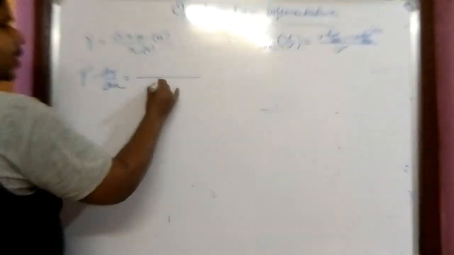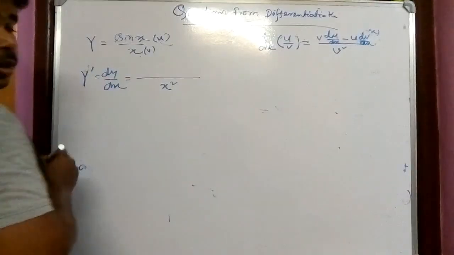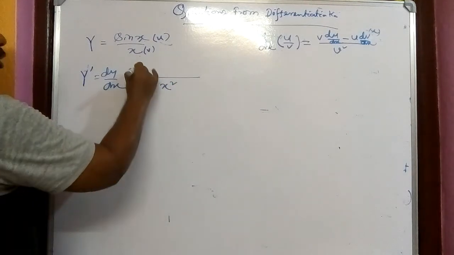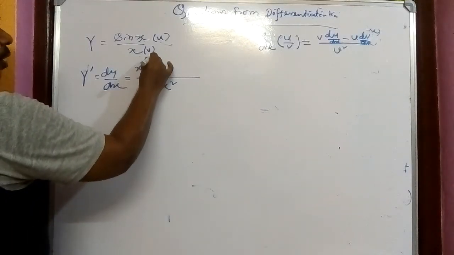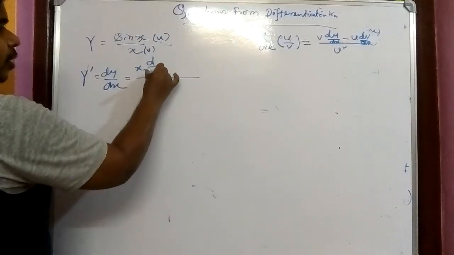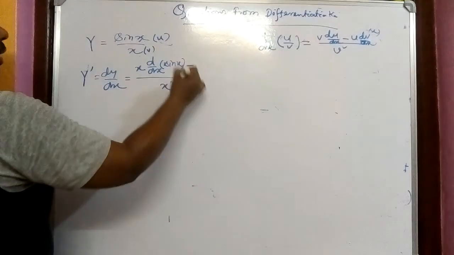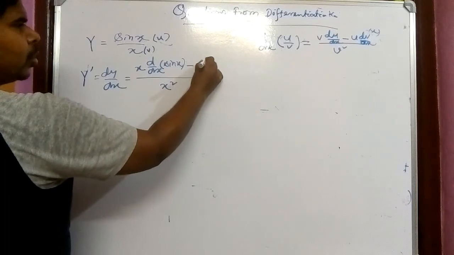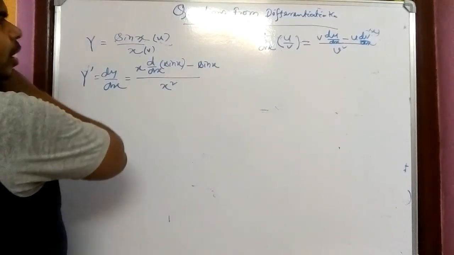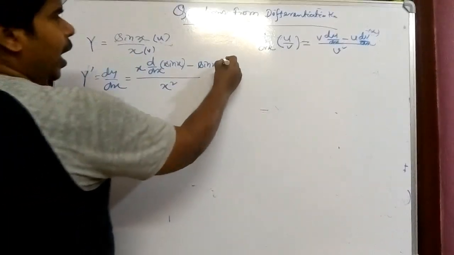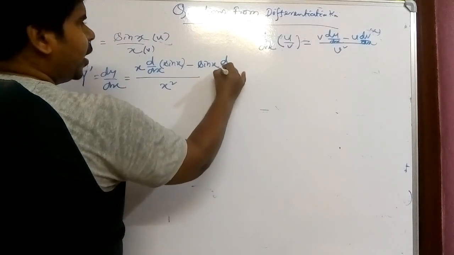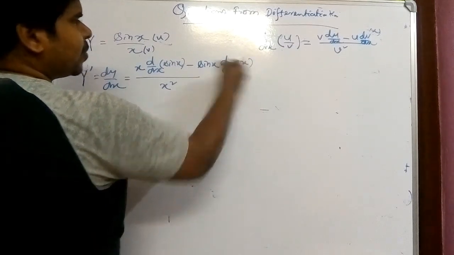Here v is x, so directly we have to write x square in the denominator. Okay, and that should be constant. So x into d/dx of sin x, minus, now sin x will be constant, that is your u, and d/dx of x.